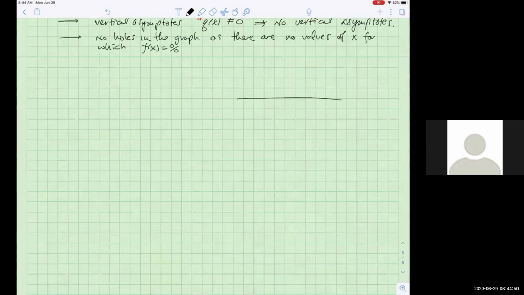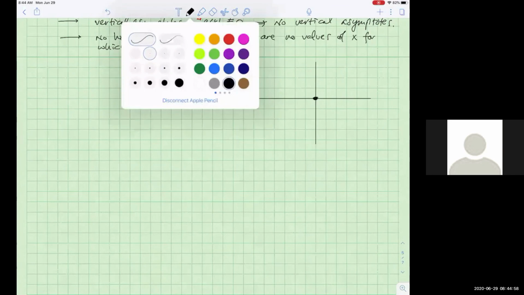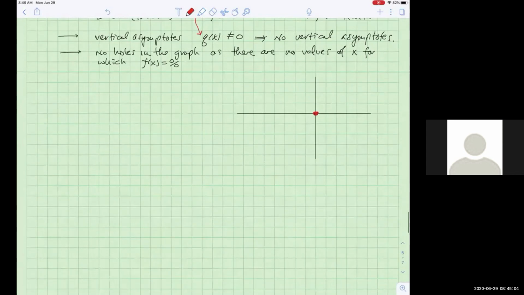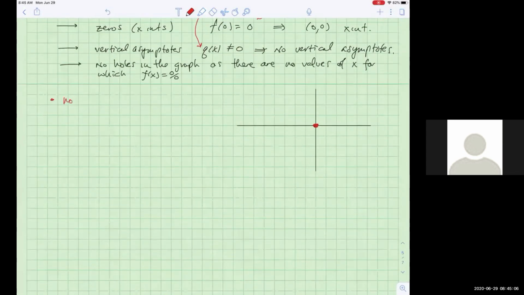What do we know? Basically, we know one thing. This passes through the origin. That's about all we know so far. But we also know there are no holes and no vertical asymptotes. So this is an example when you don't have any vertical asymptotes.